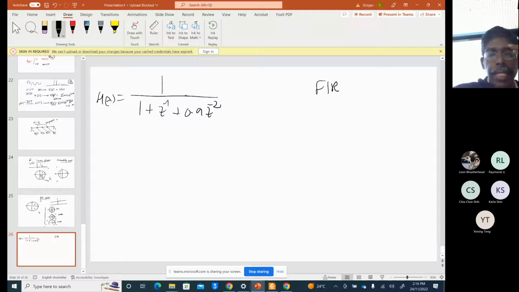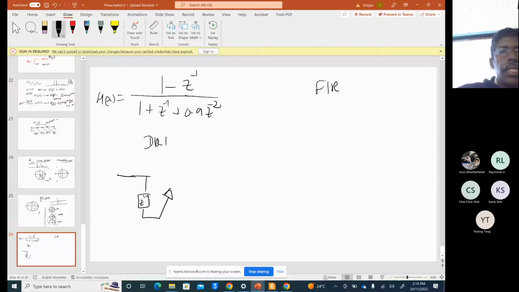And then here you should be able to draw the structures, direct form 1, direct form 2. In direct form 1, you will have the 1 minus z to the minus 1, let's say. So in direct form 1, first your feed forward system, and then your feedback system.